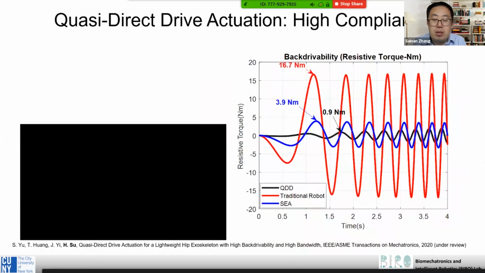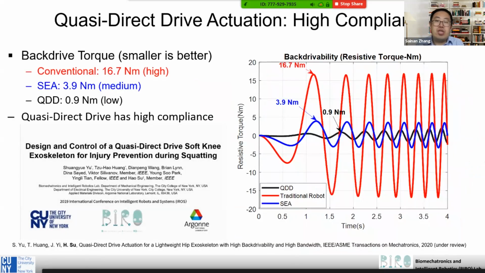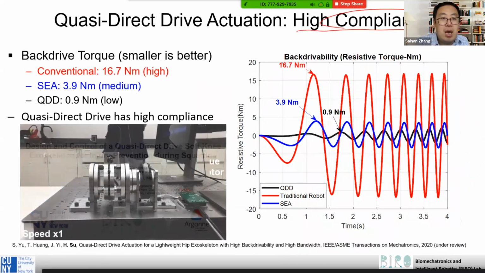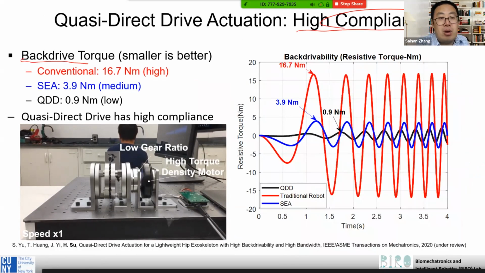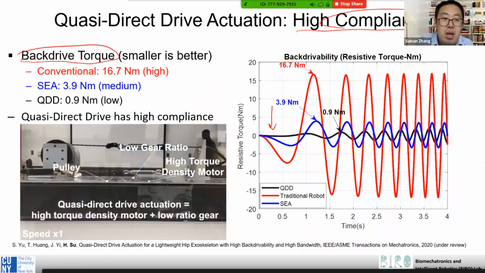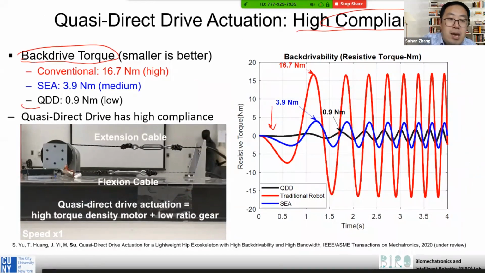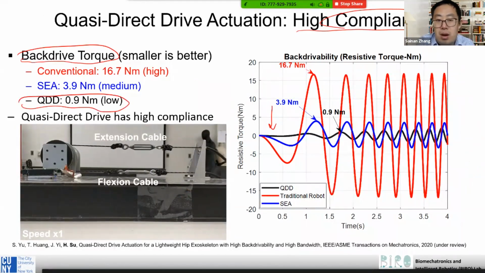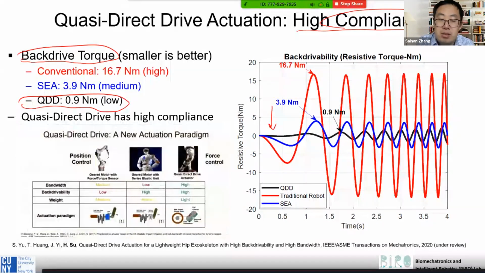If you check the compliance, basically the backdrivability, we use backdrive torque. For this number, smaller is better, right? And you can see SEA, this black line, is obviously better than the other scenarios.